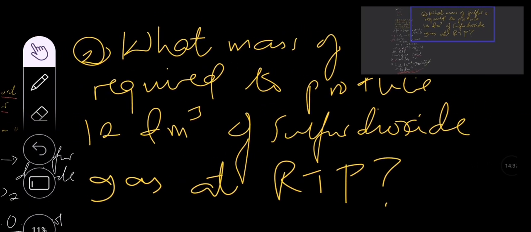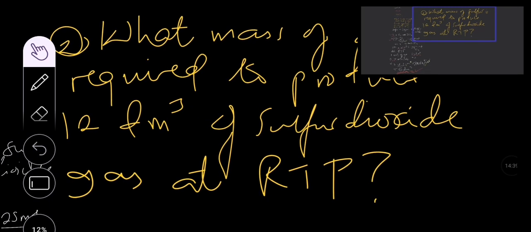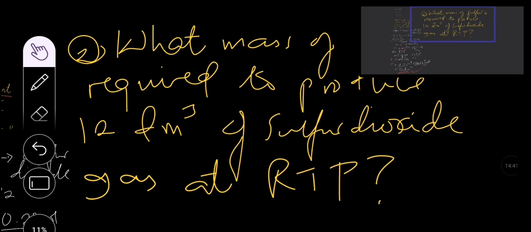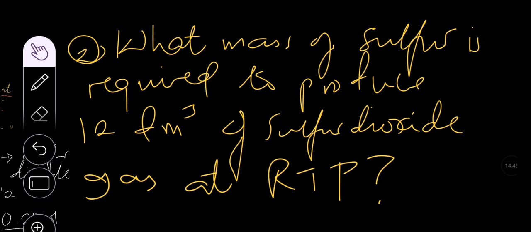Okay, look at this question, people. It says here, what mass of sulfur is required to produce 12 cubic decimeter of sulfur dioxide gas at room temperature and pressure?